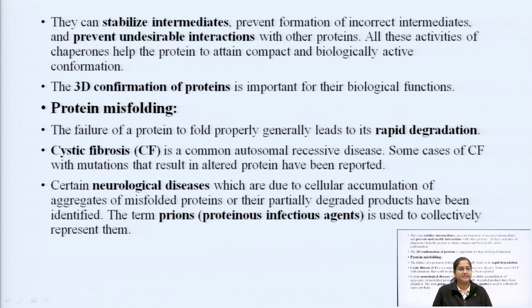Certain neurological diseases are due to cellular accumulation of aggregates of misfolded proteins or their partially degraded products. The term prions, proteinaceous infectious agents, is used to collectively represent them. So, if protein misfolding ever happens, it can create many dangerous diseases and conditions.